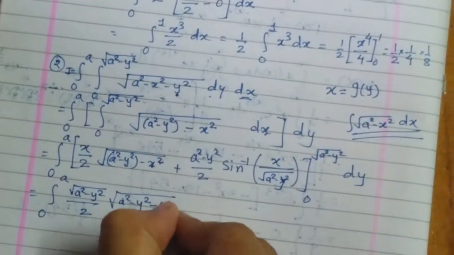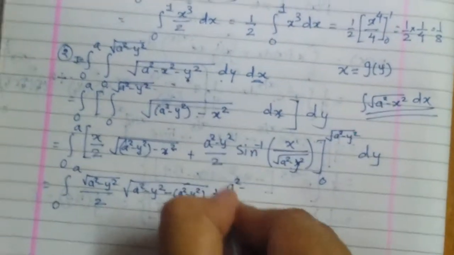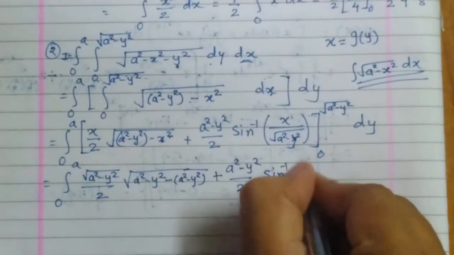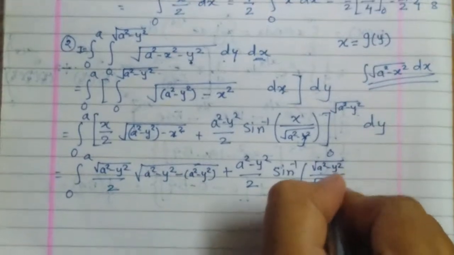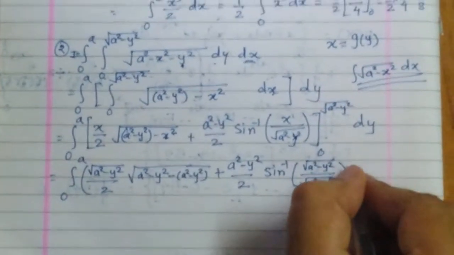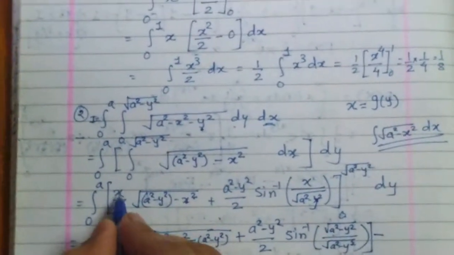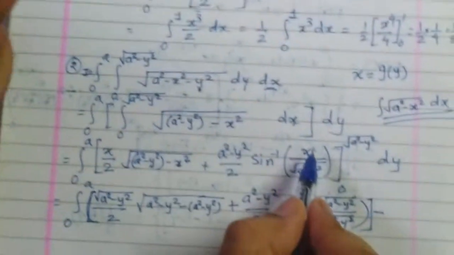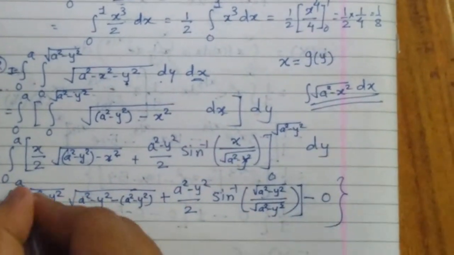So again minus a square minus y square term, plus a square minus y square upon 2 into sine inverse of square root of a square minus y square upon square root of a square minus y square. This is for the upper limit. Minus, for the lower limit, when I substitute 0, we get sine inverse of 0, which is 0. So for the lower limit, anyhow I am getting a 0 part.